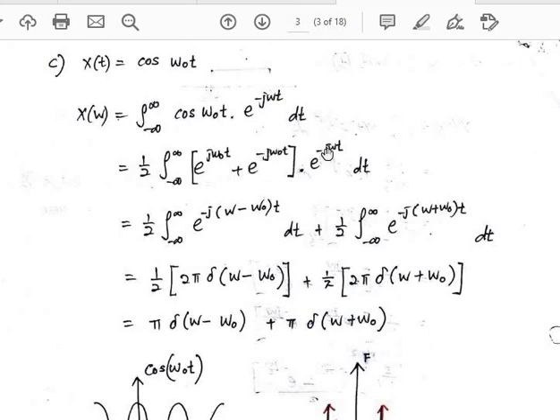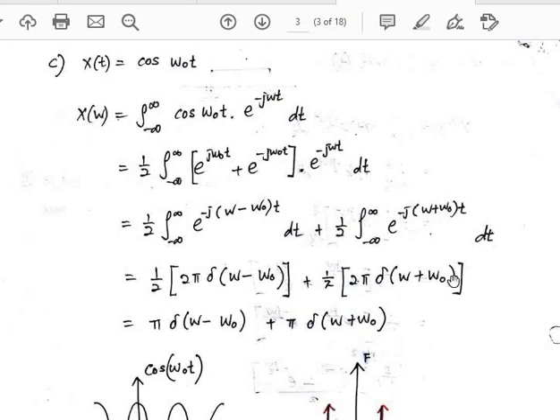This one multiplied with this one, and then you combine together: minus j, you write down the omega first, so omega minus, and minus and minus you get plus, so plus omega naught t dt. So the integration of the exponent, you get exponent negative j omega minus omega naught t, you will get 2 pi delta omega minus omega naught.